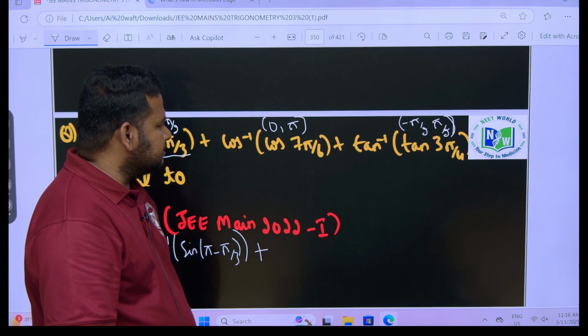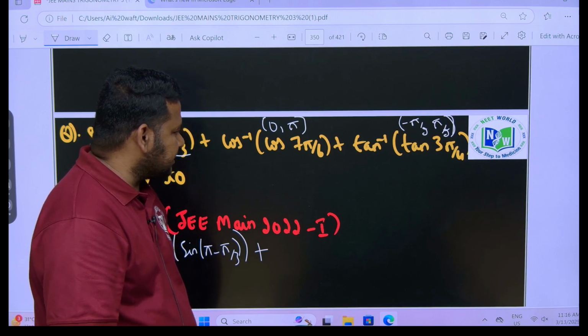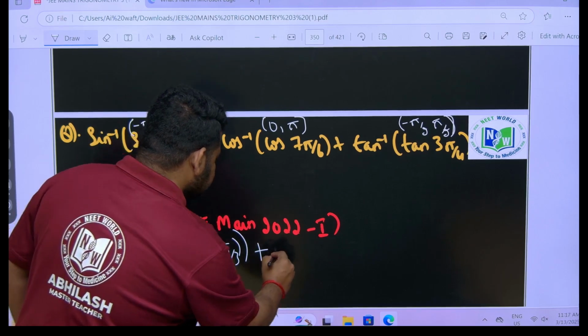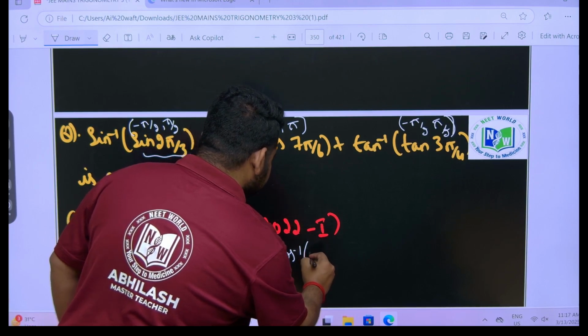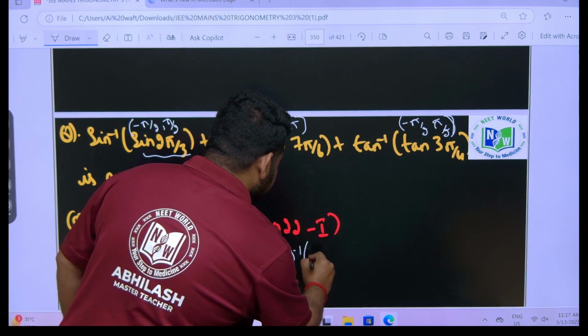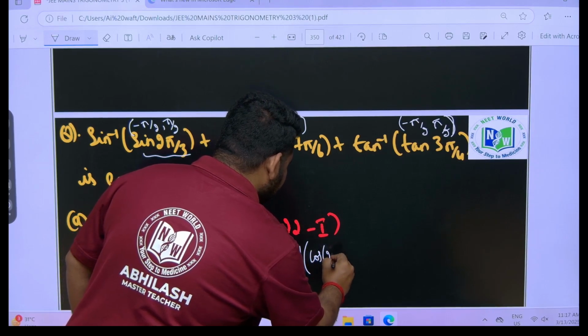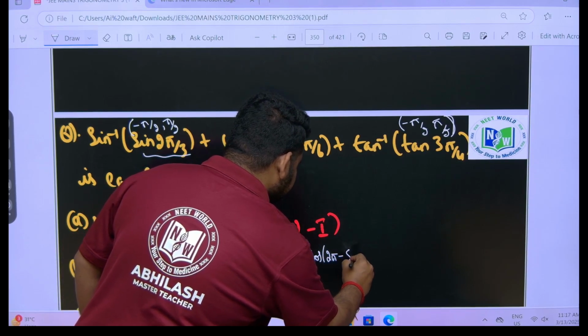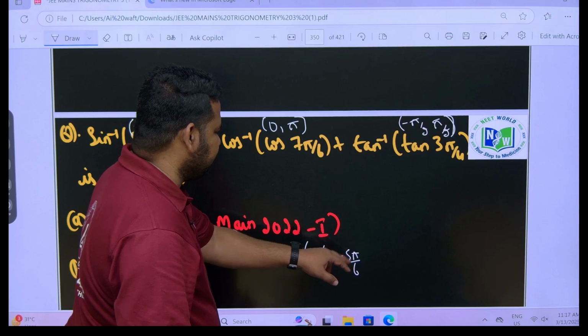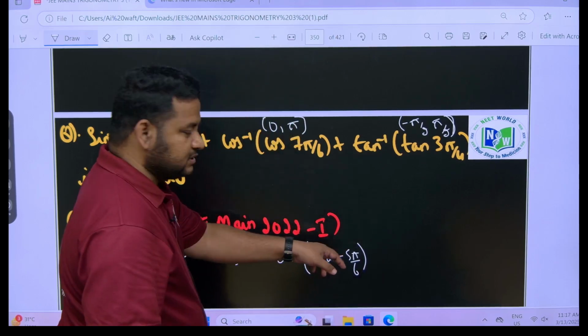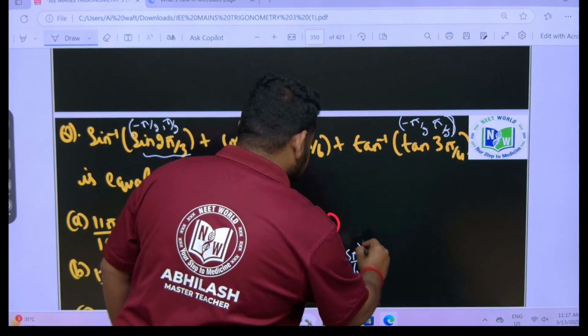I can write it as 2 pi minus 5 pi by 6. 6 2s are 12, 12 minus 5 is 7, so we get 7 pi by 6. Cos inverse of cos of 2 pi minus 5 pi by 6. This will be fine.